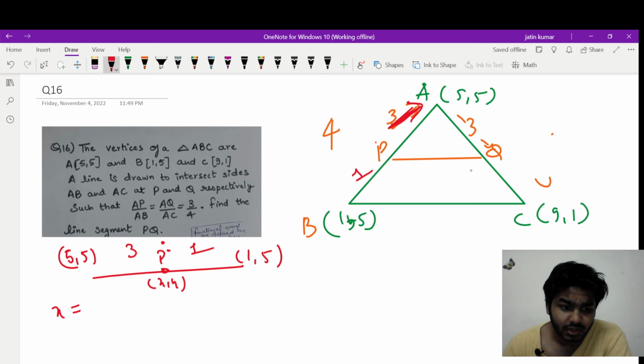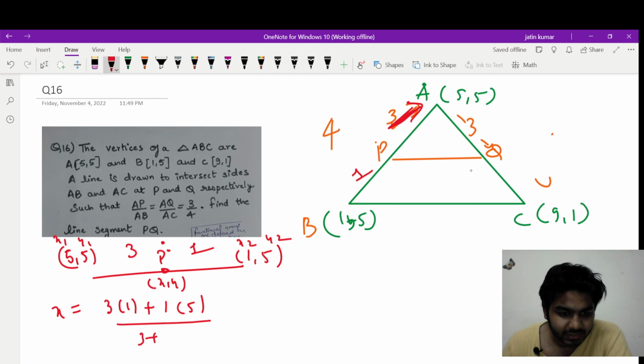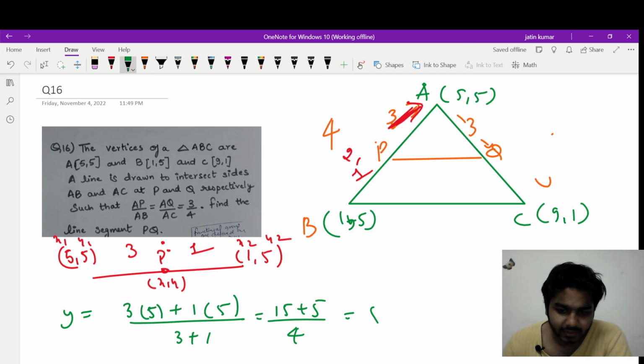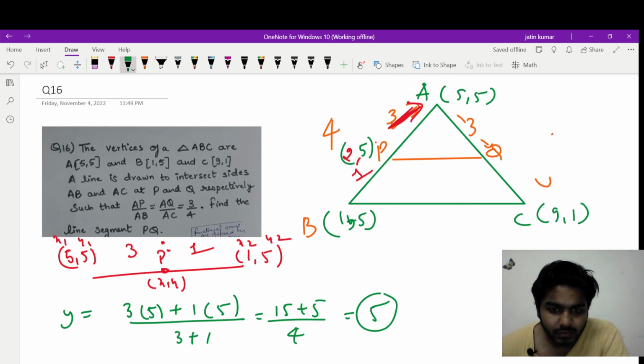I am not writing the formula, I am directly putting the values: m x2, so 3 into 1 plus n x1 upon 3 plus 1, that is 4, so 5 plus 3 is 8, and 3 plus 1 is 4, so x is 2. Now for y, m y2 plus n y1 upon 3 plus 1, it means 15 plus 5 upon 4, that means 5. So we have got (2, 5) as the coordinate of P.